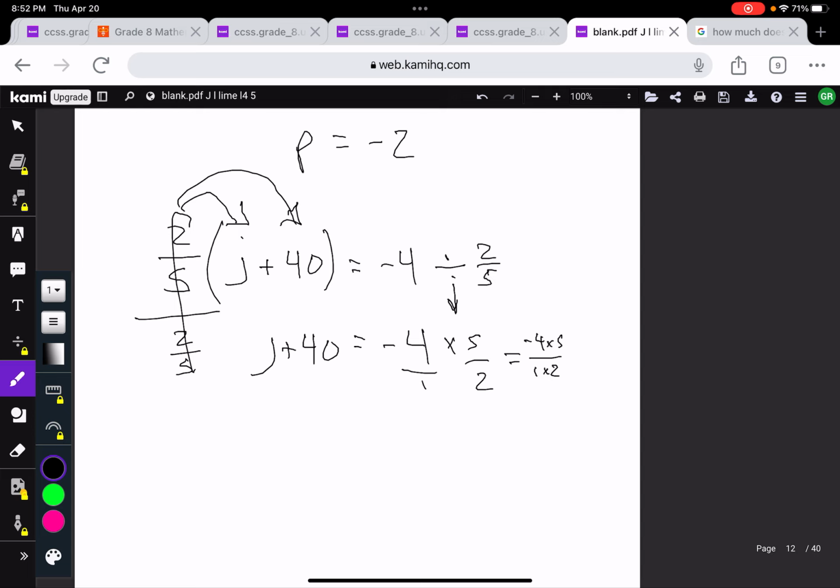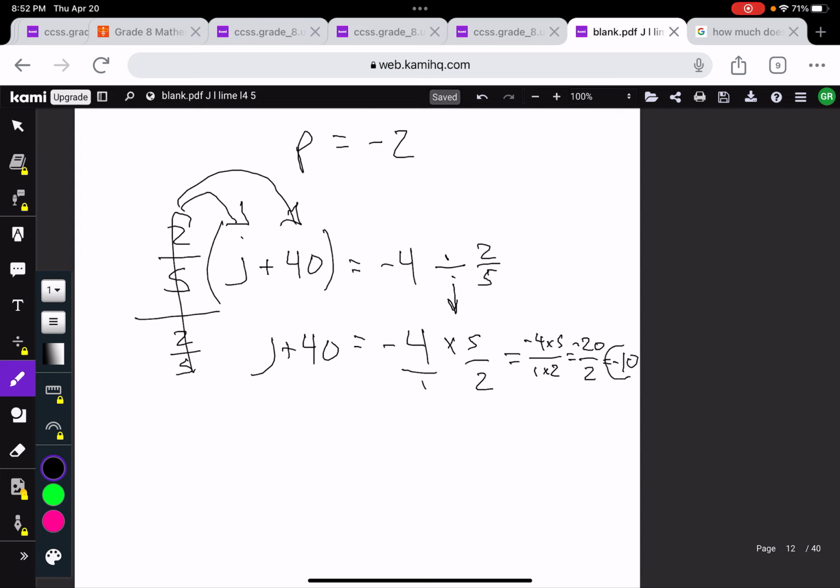There's an invisible 1 here that I could write. We multiply fractions: numerator times numerator, denominator times denominator. I'm left with negative 20 over 2. And what is 20 divided by 2? It is 10, and the answer is negative.